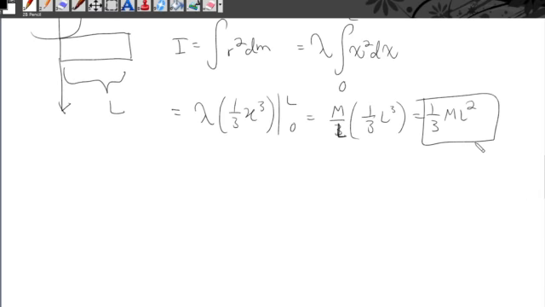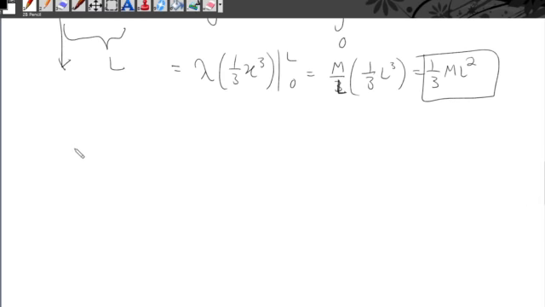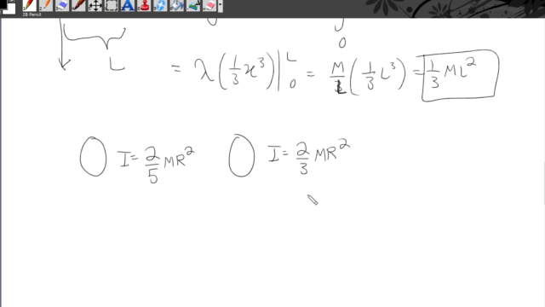Another example is if we have a sphere, and I memorized this, and I'd recommend memorizing as well. For a sphere, the formula is 2/5 m r squared. But for a spherical shell, so in other words, it's empty except for the outside, the formula is 2/3 m r squared.